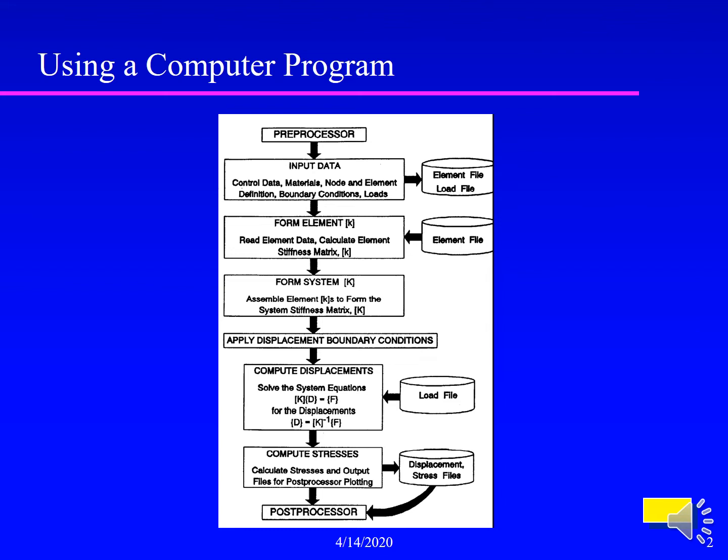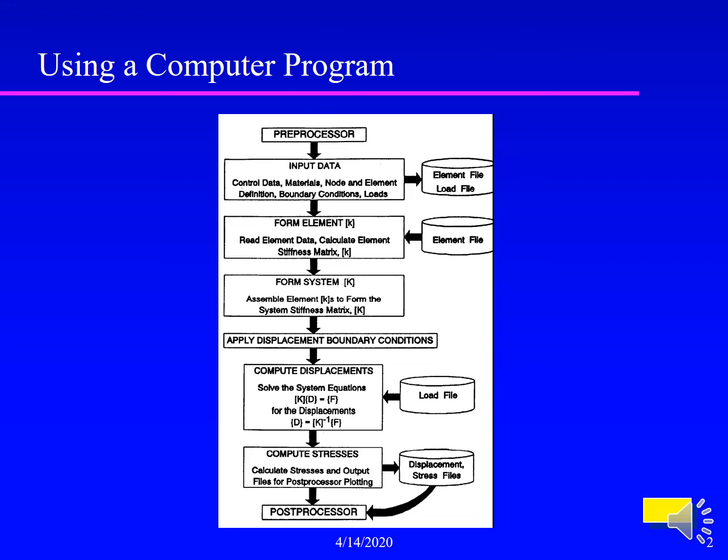Then the system stiffness matrix is formed by taking the input data, that is assembly data, assembling of the elements into a global stiffness matrix, which is also called system stiffness matrix. Then the boundary conditions are applied on these stiffness equations in the matrix form, and then displacements are calculated, which is actually called processing.